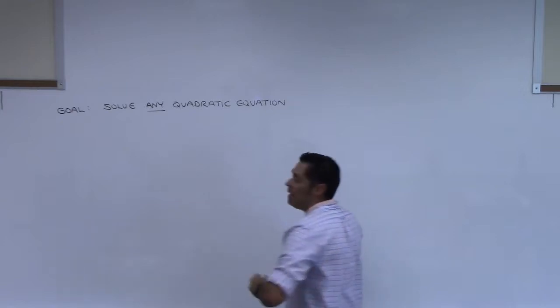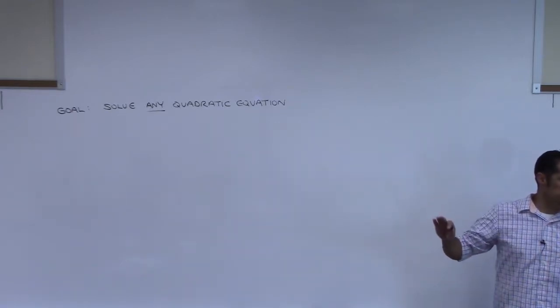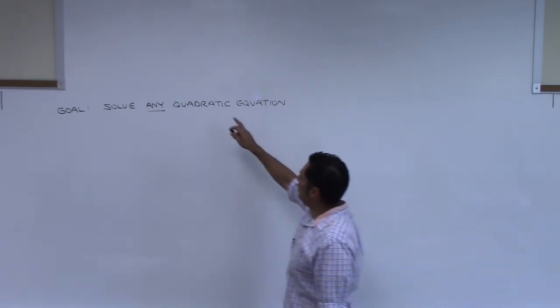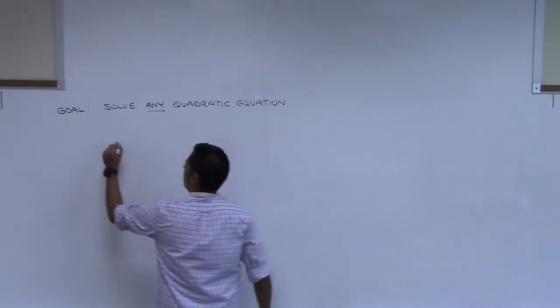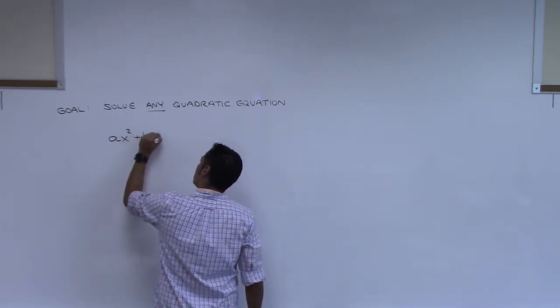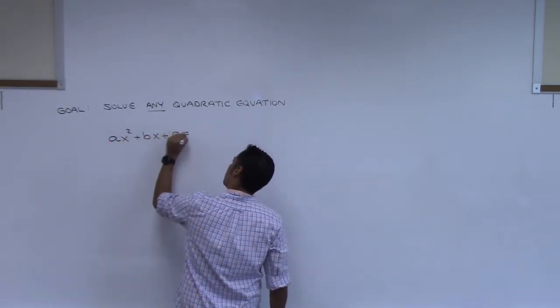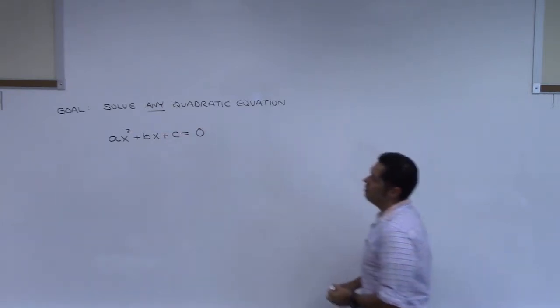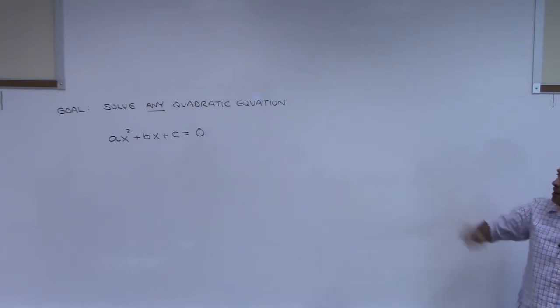Any quadratic equation that anyone ever gives us, we want to be able to solve it. So just to be clear, what are we talking about when we say quadratic equation? We're talking about any equation that looks like this. So we want to be able to solve any equation that has that form.